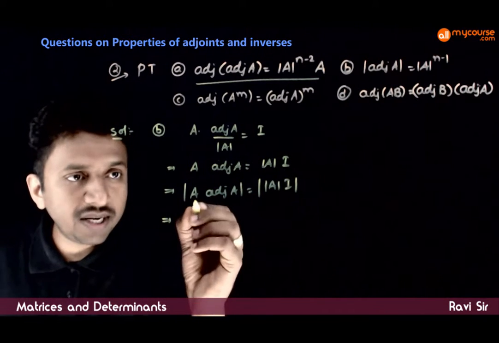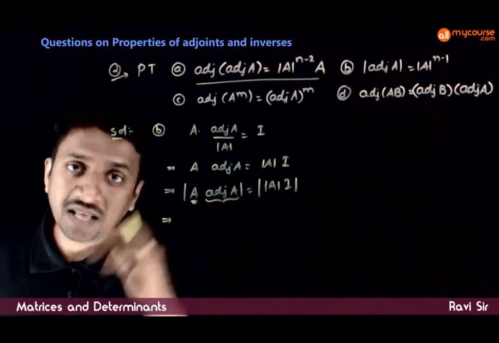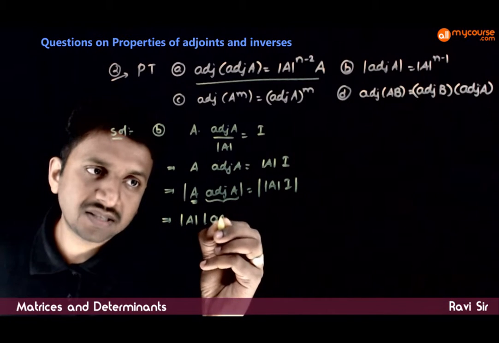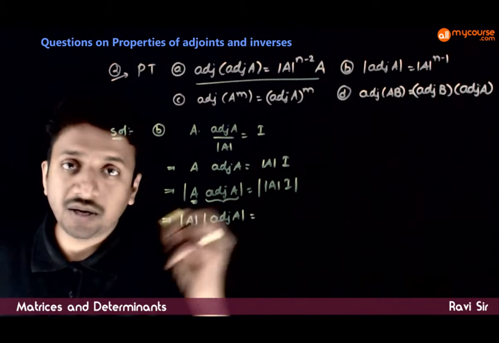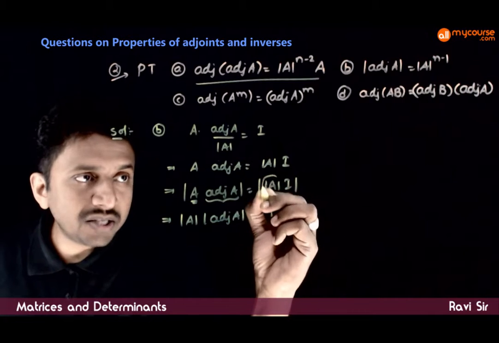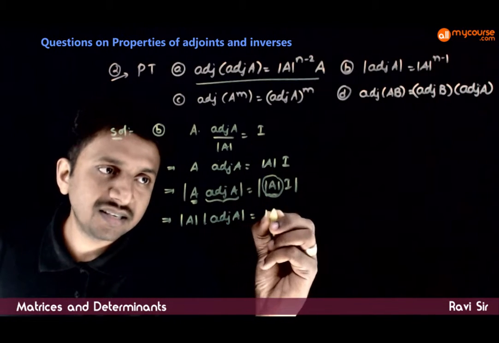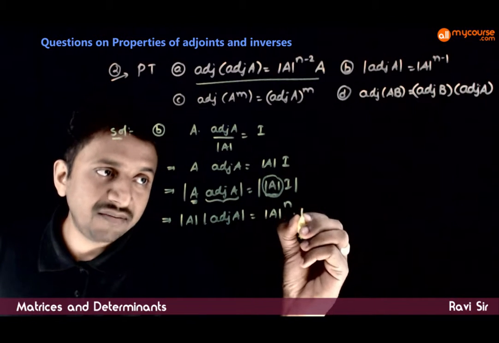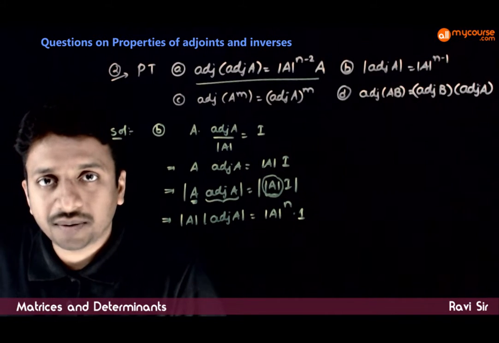We know that det of A into B is equal to det A times det B. So det A times det of adjoint of A is equal to, so det A is a constant number, right? So det of K times I is K to the power n times det of I, and the identity matrix has det equal to 1.